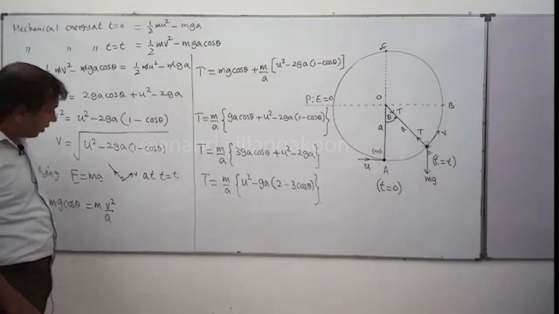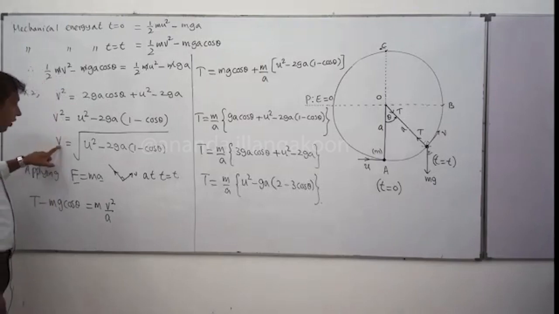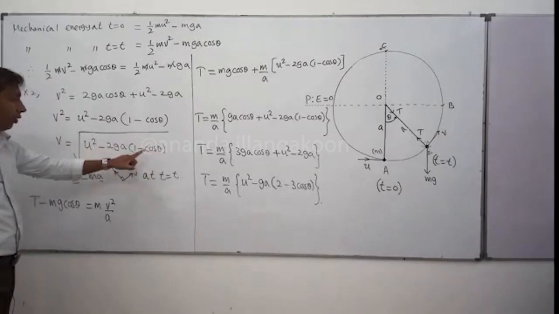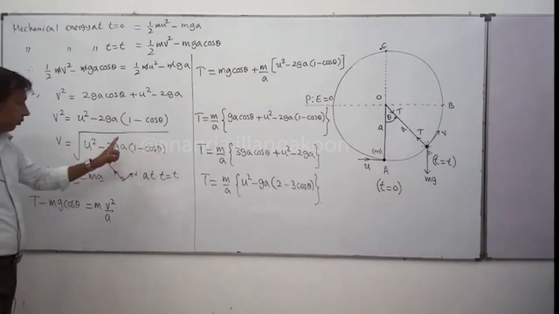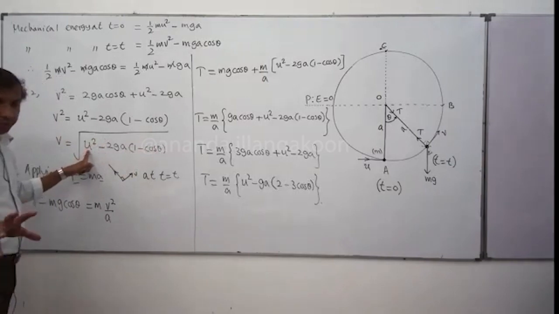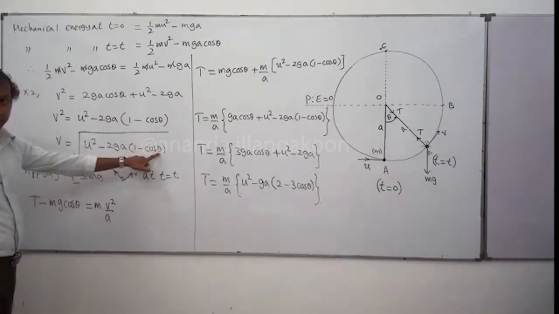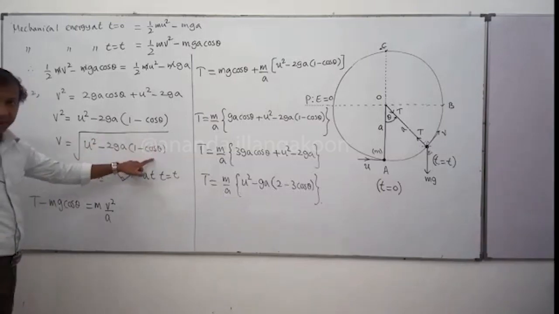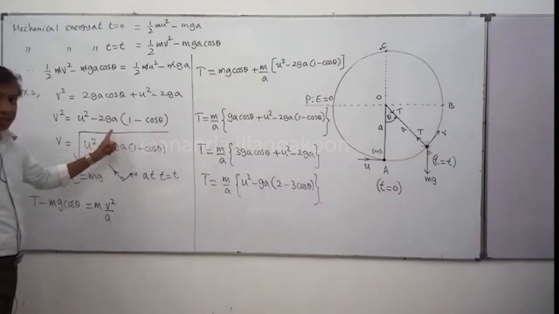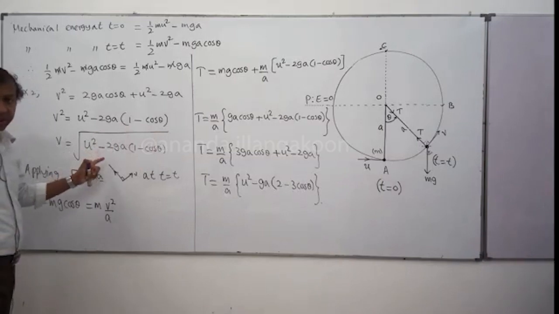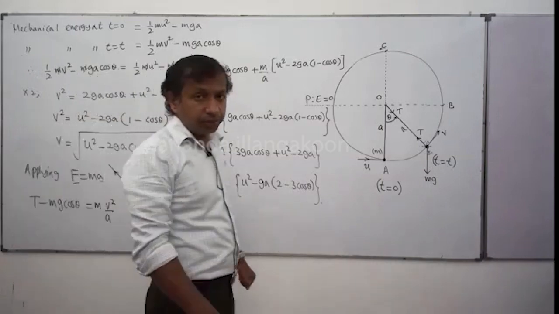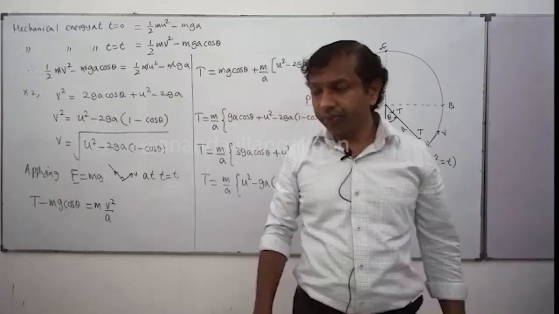Now you can very clearly understand the velocity v here depends on initial velocity u and theta. The initial velocity u is a fixed value. As theta changes, this part will change, then the expression inside the root sign will change, and finally this v will be changing with theta.